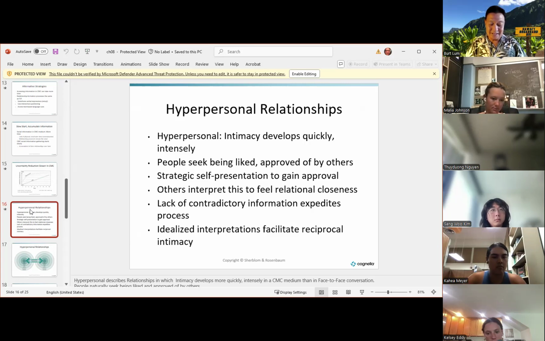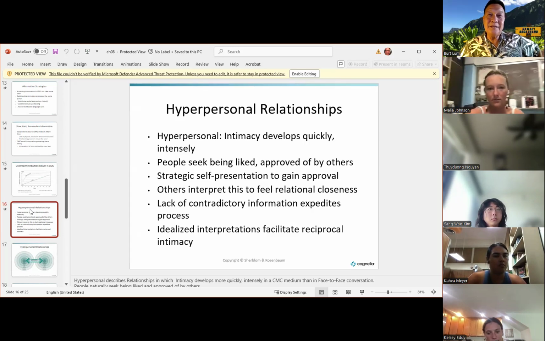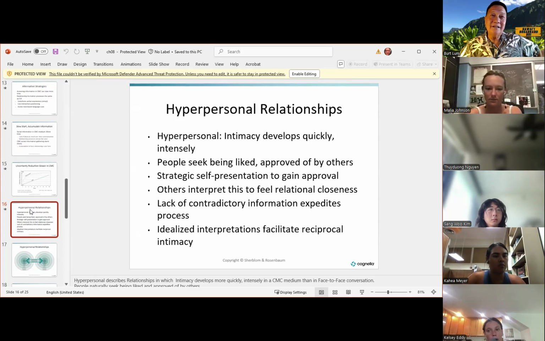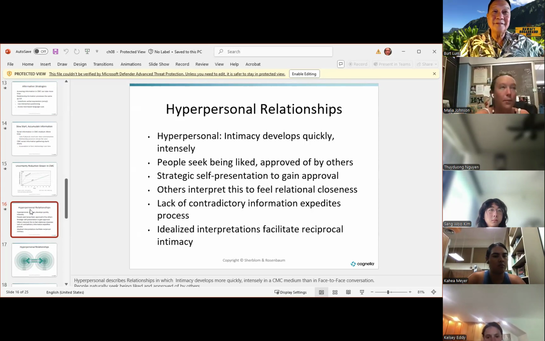So there's a tendency for posts on Instagram to be very strategic in presenting your best face forward, right? So there is a maybe skewed impression of the person through purely the Instagram timeline or feed. But hey, that's the nature of some of these CMC environments.